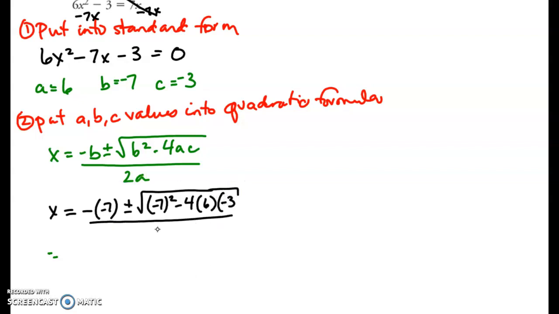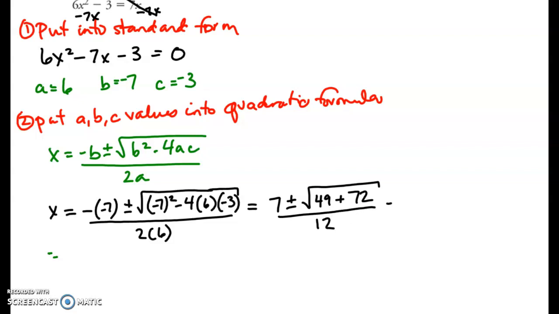All divided by 2 times a is 6. Okay, negative 7 gives us a positive 7, plus or minus the square root of negative 7 squared is 49, and then we've got negative 24 times negative 3 gives us a positive 72, all over 2 times 6, 12.